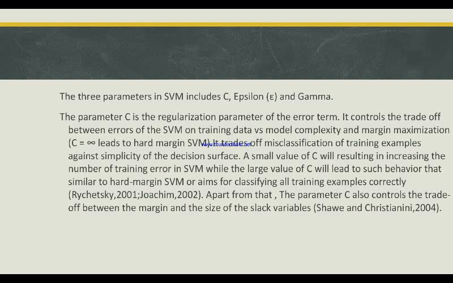A small value of C will result in an increasing number of training errors in SVM, while a large value of C will lead to behavior similar to hard margin SVM, or aims at classifying all training examples correctly. Apart from that, the C parameter also controls the trade-off between the margin and the size of the slack variables.